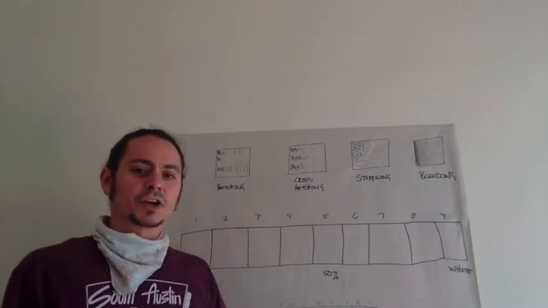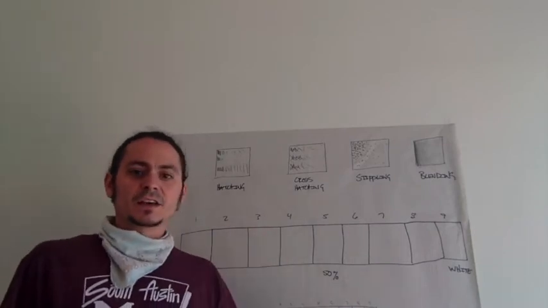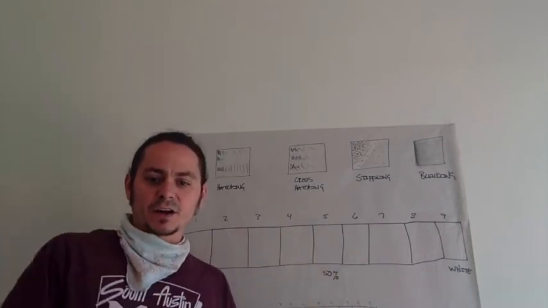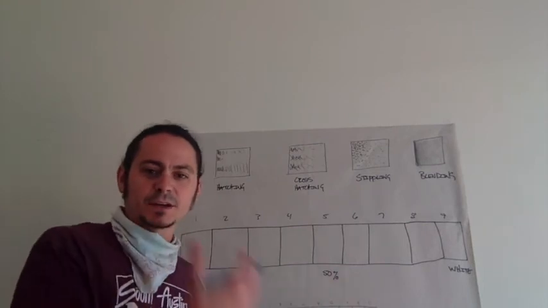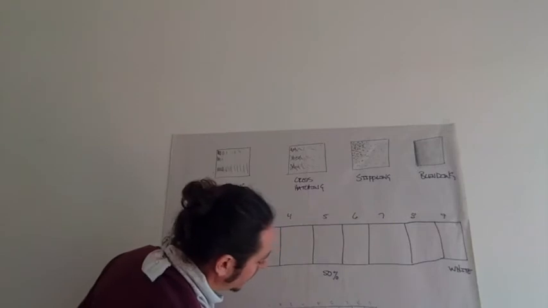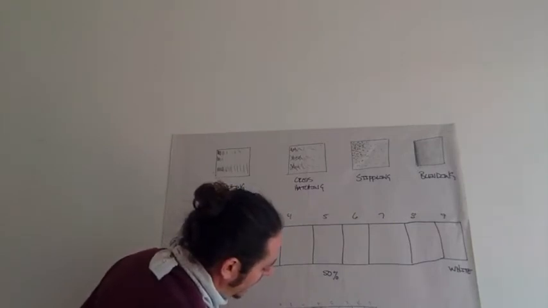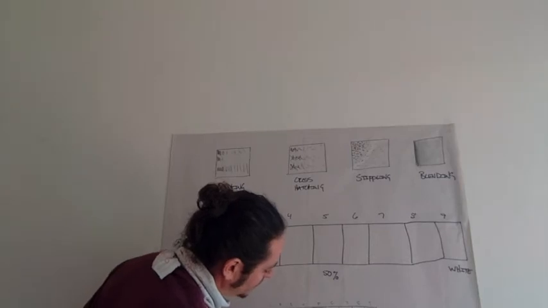So if you're unsure, if you think that you might be drawing too dark or too light, err on the side of caution and draw it too light, because we can always make it darker when we're touching things up. Okay, so at number 5, here I go. I'm going to draw it what I think is half as dark as box number 1.